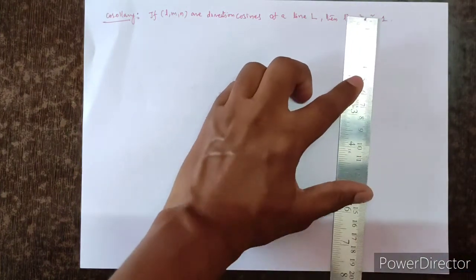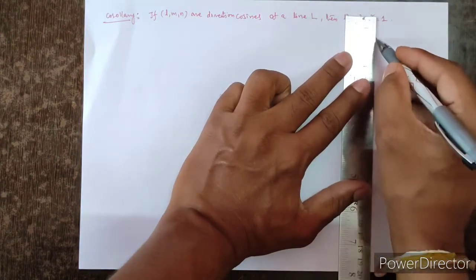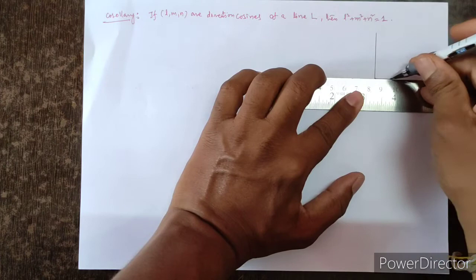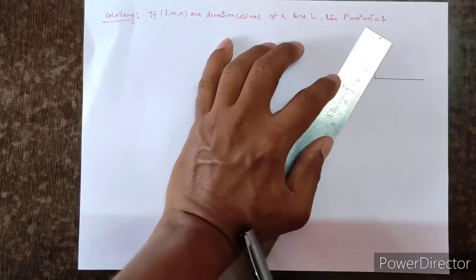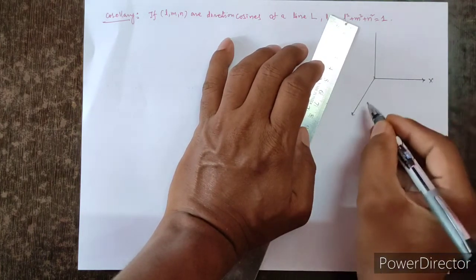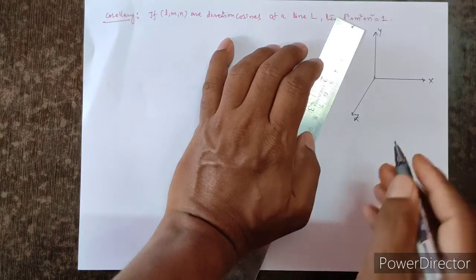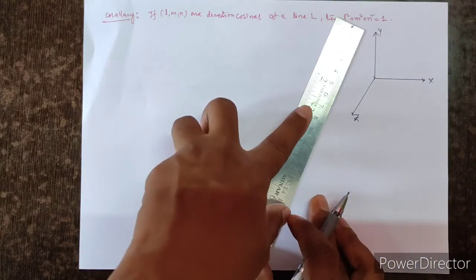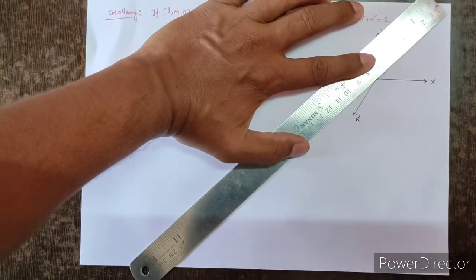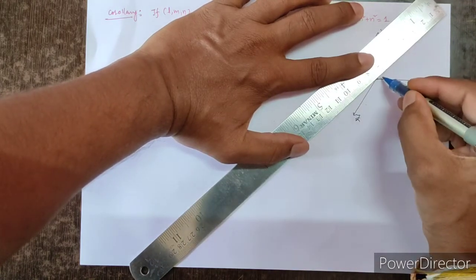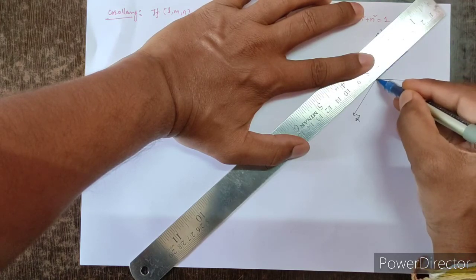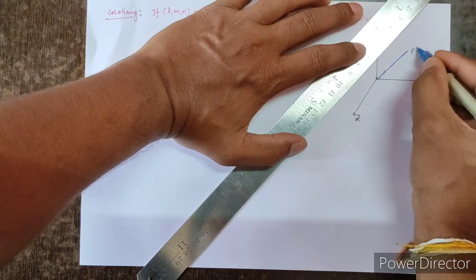See, this is the coordinate axes X, Y, Z. This is the line L, and of course this is the point x, y, z.